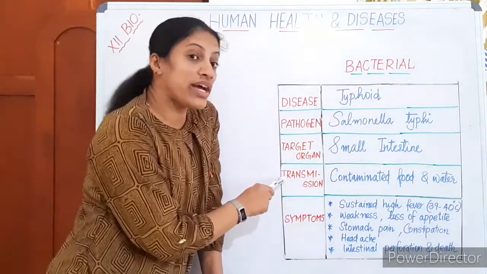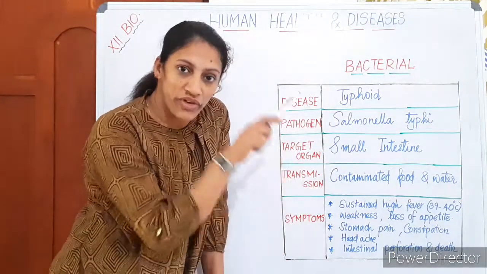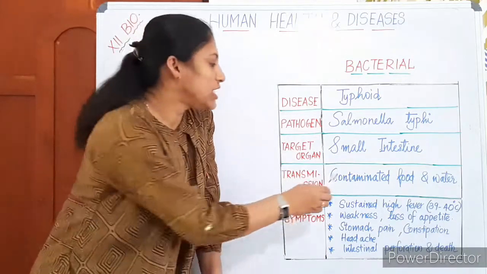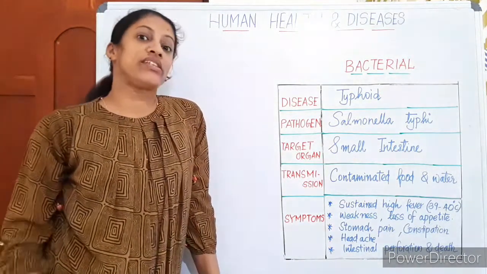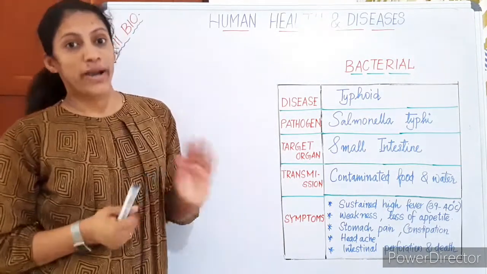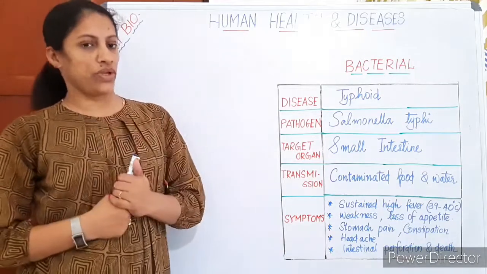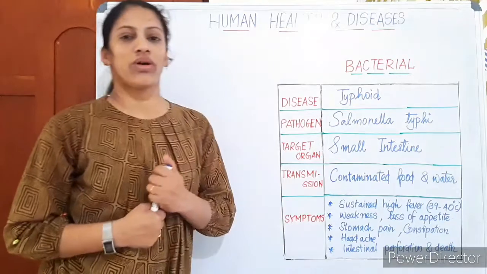Then its transmission: Salmonella typhi is transmitted from one person to another through contaminated food and water. Then there is the story of Typhoid Mary, who spread the disease by cooking food for many people. Anyway, it is spread through contaminated food and water.